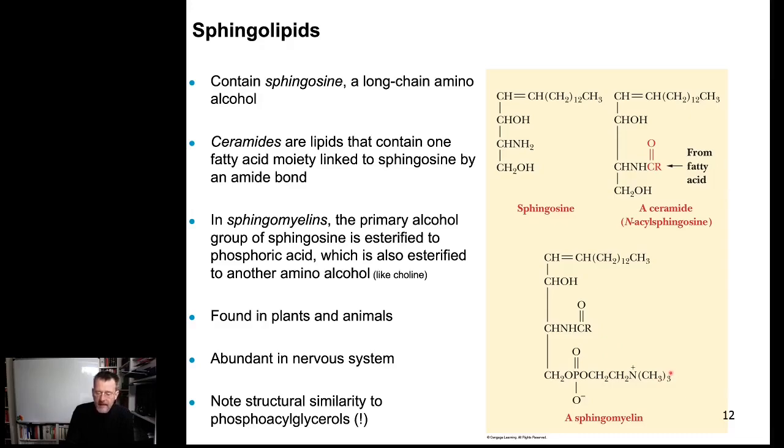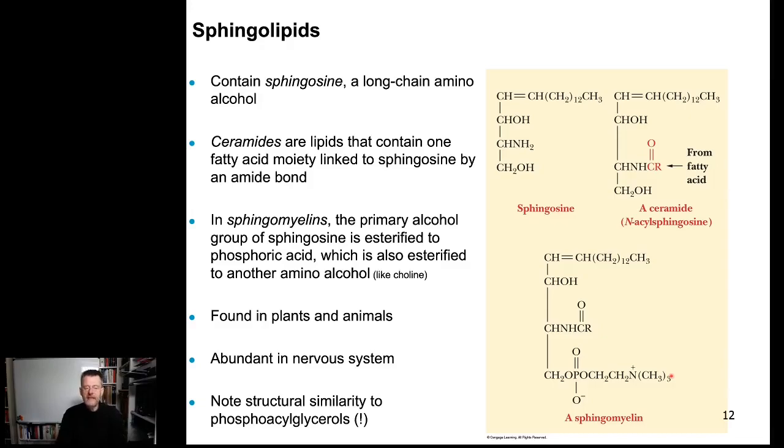Here the amino alcohol is being used to form a second ester function, or a second ester bond, from the phosphoric acid, one with the sphingosine or the ceramide, and one with the amino alcohol. The amino alcohol in question is choline, but that's not necessarily the case. It could be another amino alcohol.